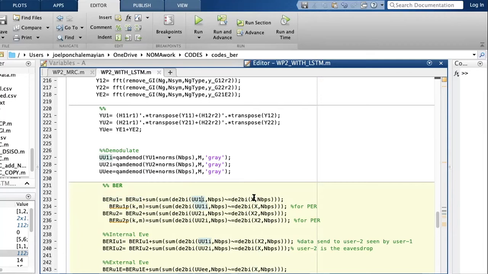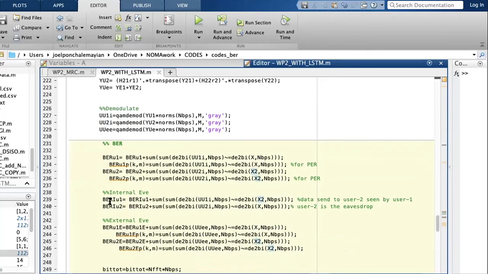So here we are calculating the bit error rate for user 1: the data we sent for user 1 and the data received in user 1. And then here we do the data received for user 2 plus the data that was sent for user 2, where we also need to calculate the bit error rate for user 2. And so here we try to see the data received by user 1 and the data sent for user 2.